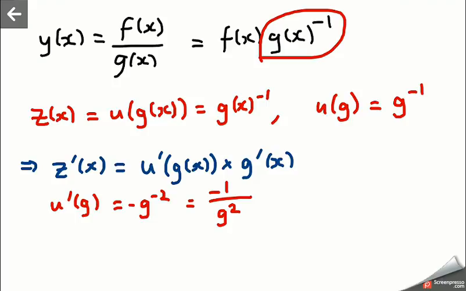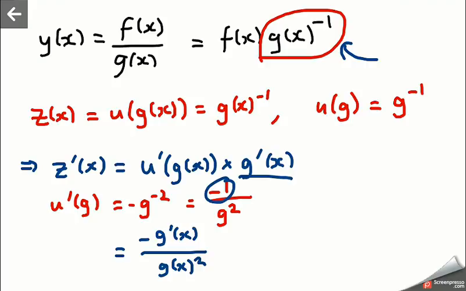And so z prime of x is equal to negative g prime of x divided by g of x squared. So the derivative of this thing in the circle is negative g prime of x divided by g of x squared. Obviously, when you differentiate f of x, we can just write that as f prime of x.